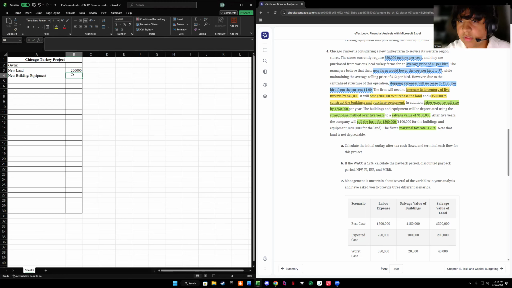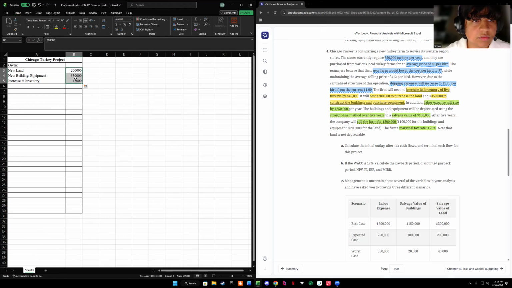The new building and equipment is 350,000. And net working capital, or in this case, increased inventory, is 45,000.